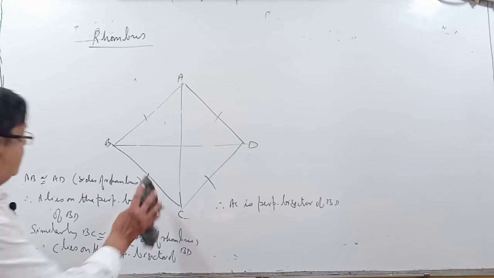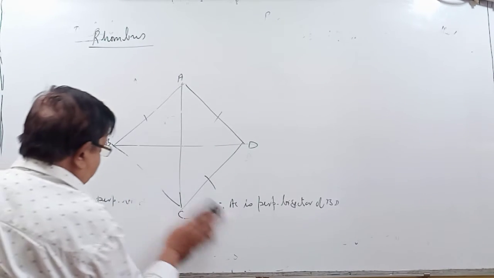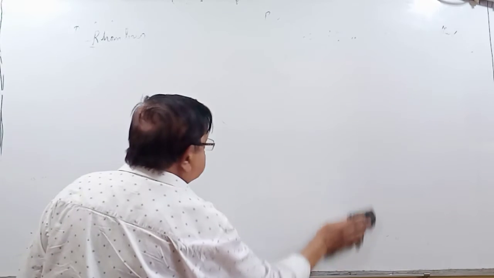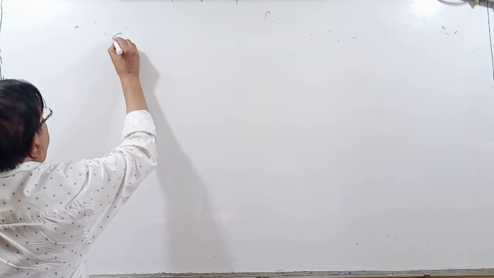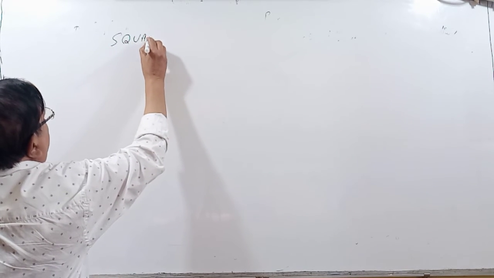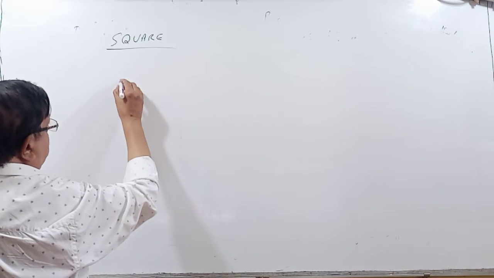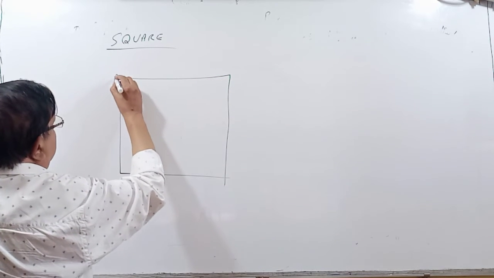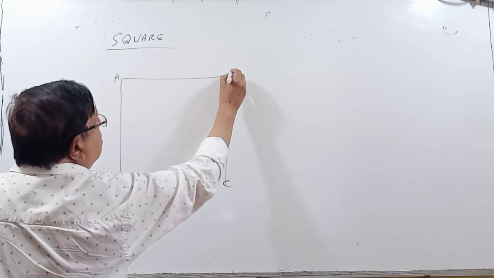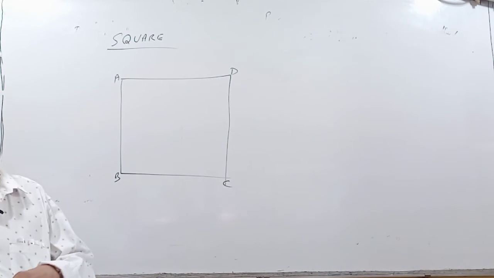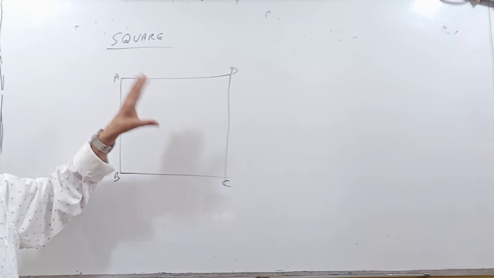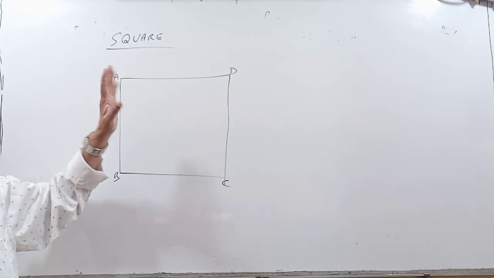Now we will go to the next figure called square. Square is like this: A, B, C, D. We say normally, square is a perfect rectangle, a perfect quadrilateral, a perfect rhombus.